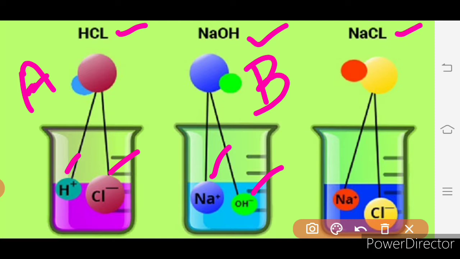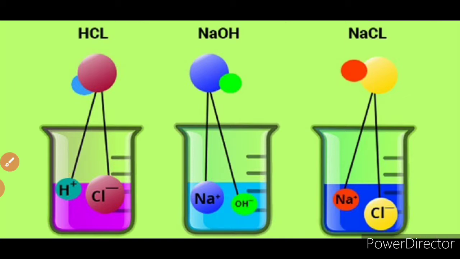NaCl means sodium chloride, that is Na plus and Cl minus. So this is an example for salt. So HCl is an example for acid, NaOH is an example for base, and NaCl, that is sodium chloride, is an example for salt.